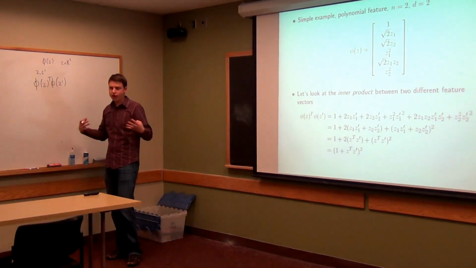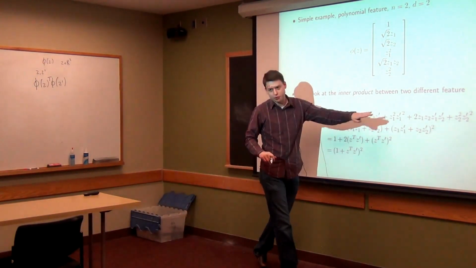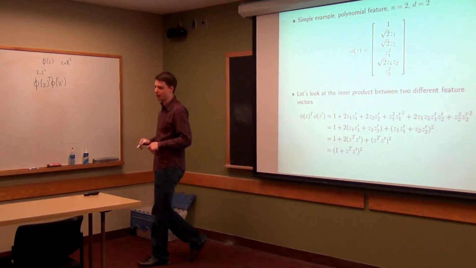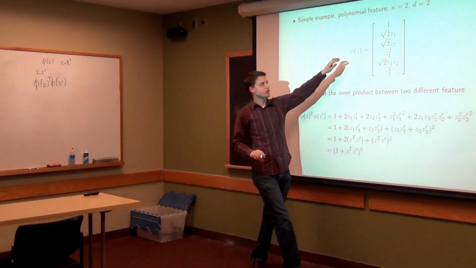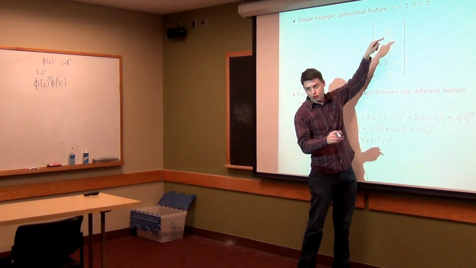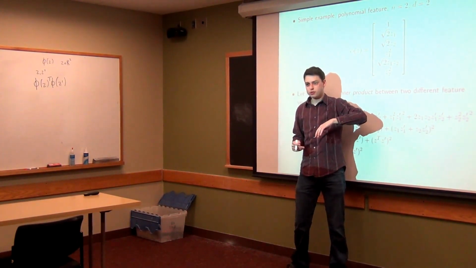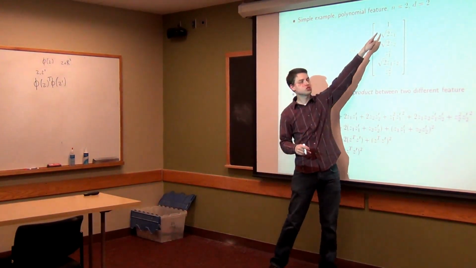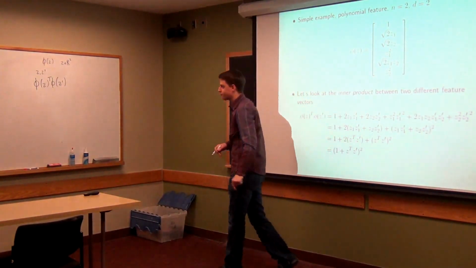So we can write it out. And I'll just write this out exactly, but show how all these terms kind of multiply. Remember, the inner product here is just the product of these two plus the product of these two for the corresponding feature vectors plus the product of these two, etc. So I'm just going to multiply the corresponding entries for z and for z prime.